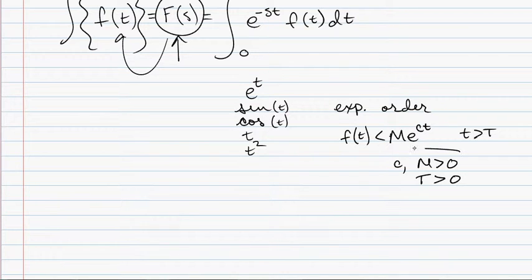So for any value of these constants, this function here is always going to be greater than this one.